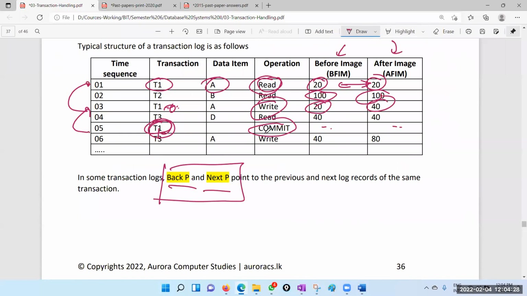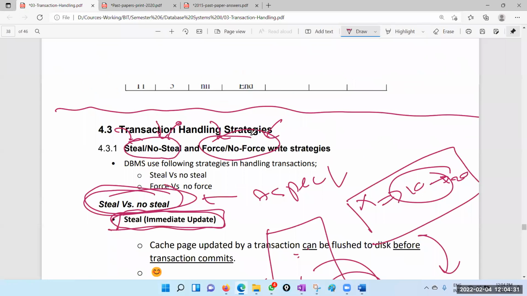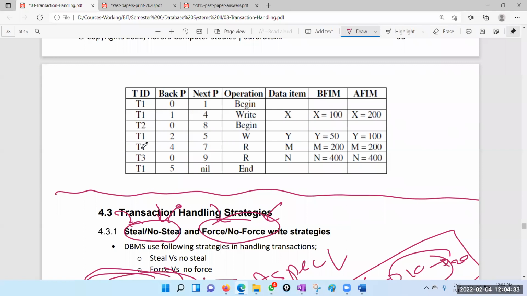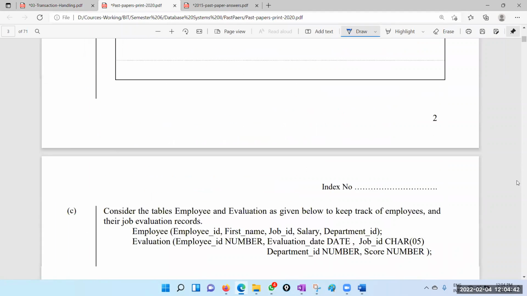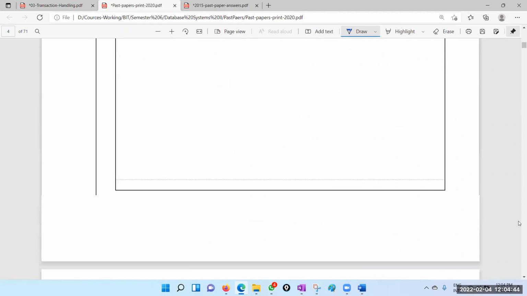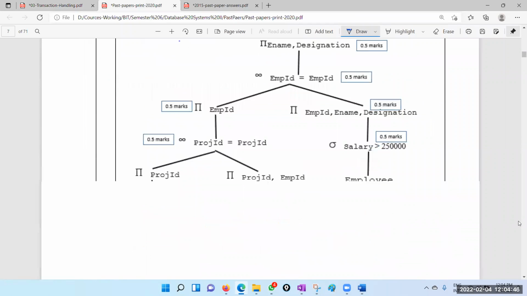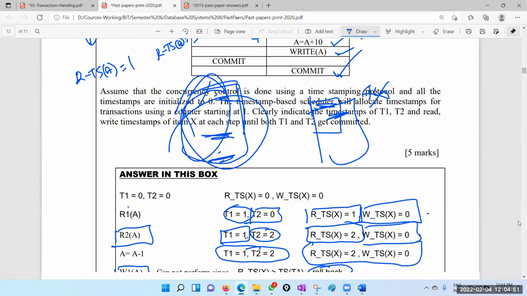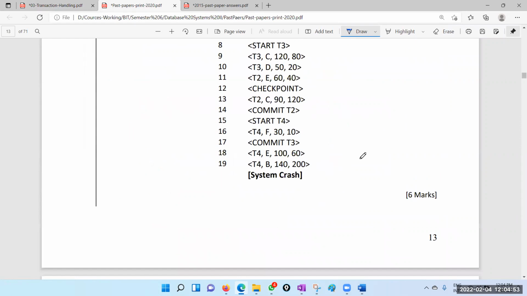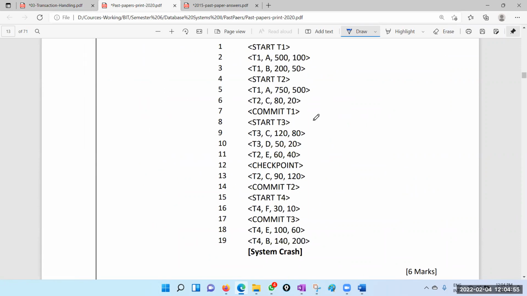These papers don't have an example of a save point. Here in the middle there will be some entry saying save point. Let's see whether you have it in your past papers. Yes, you can see the checkpoint.